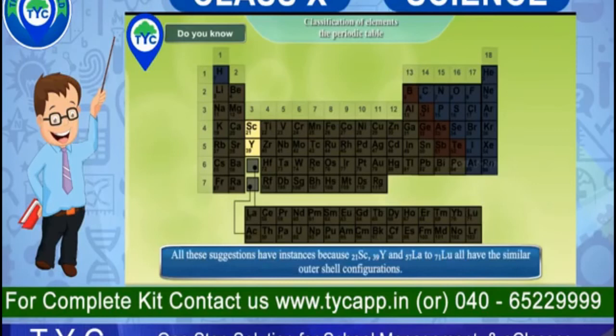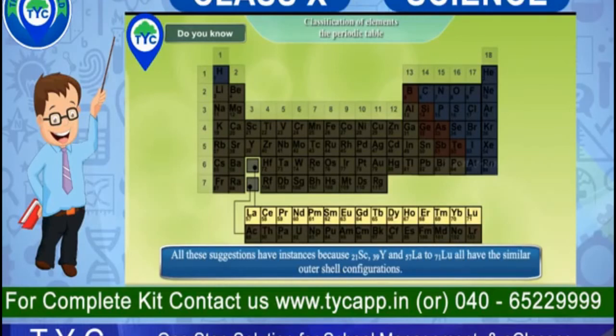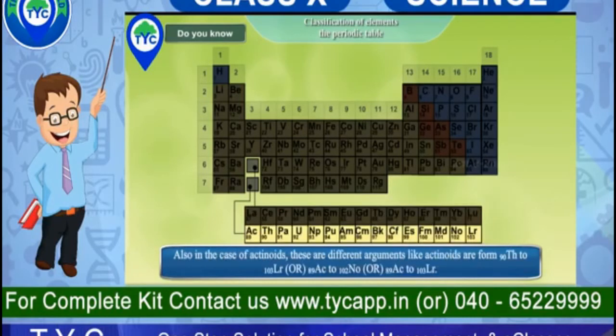All these suggestions have merit because 21 Sc, 39 Y and 57 La to 71 Lu all have similar outer shell configuration. Also, in the case of actinoids, there are different arguments, like from 90 Th to 103 Lr, or 89 Ac to 102 No, or 89 Ac to 103 Lr.